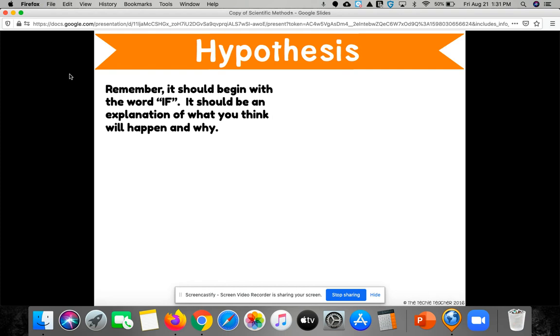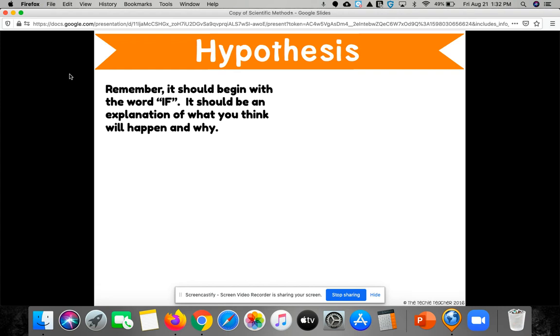The next slide, you can either take the hypothesis I come up with during the lab, or you will form your own. So even if you already watched the video, you can ask yourself as you are watching the demonstration or the lab, what was your hypothesis? What did you think was going to happen and why? So I wrote a little note.